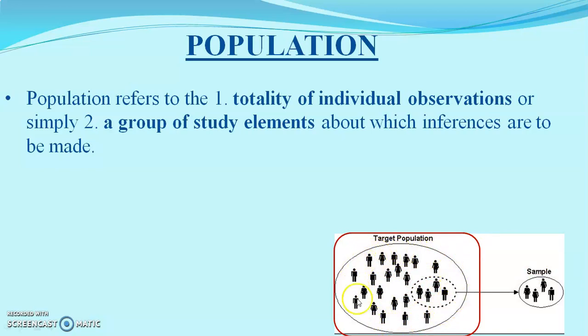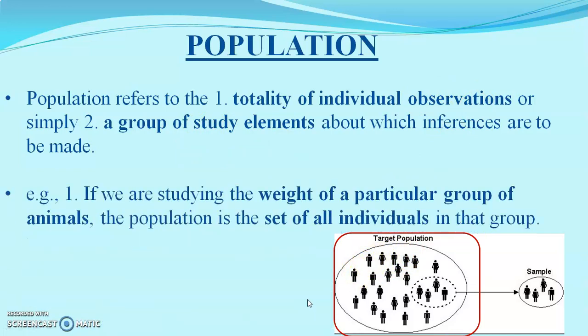We are studying this population, or these individuals are subject to study. So the totality of individuals will be the observations in this population because we are observing these individuals. So the totality of individual observations, or simply the group of study elements. All these individuals are study elements. See the example. If we are studying the weight of a particular group of animals, the population is the set of all individuals in that group.